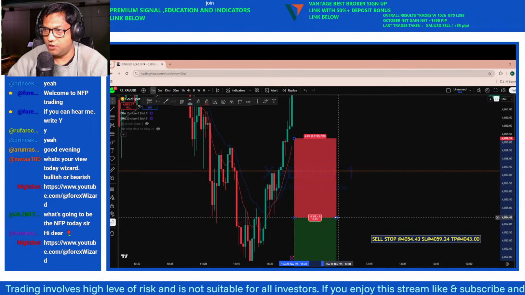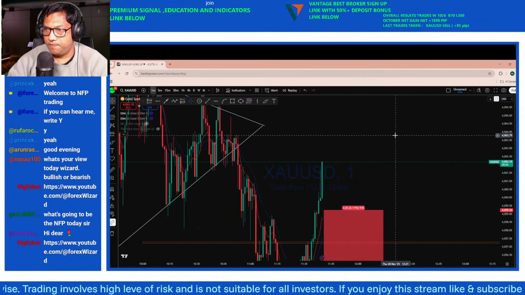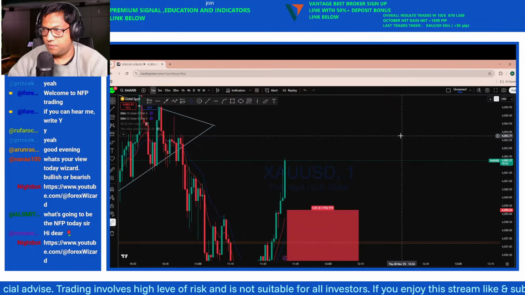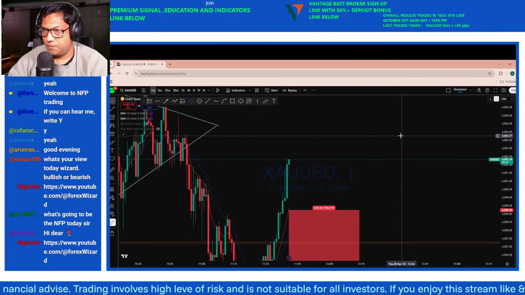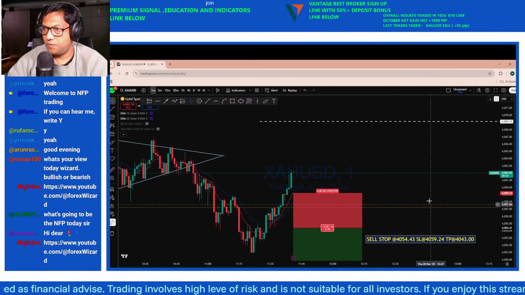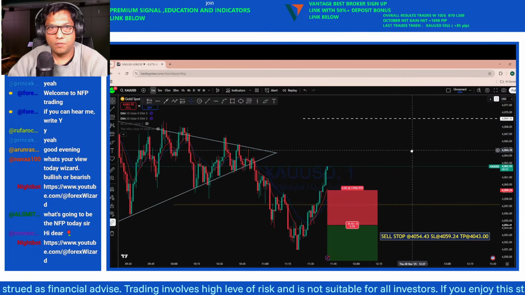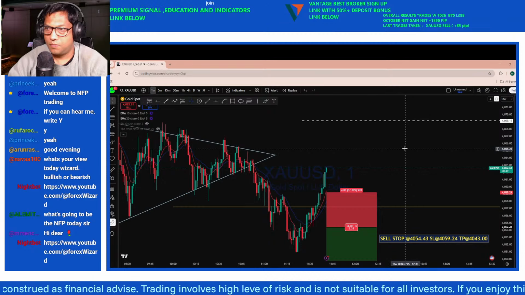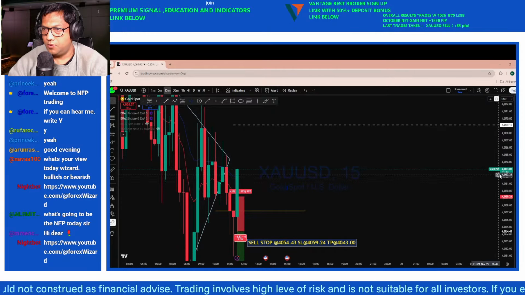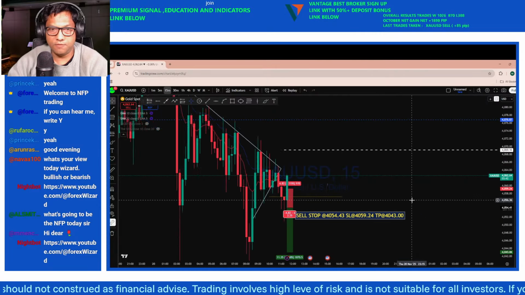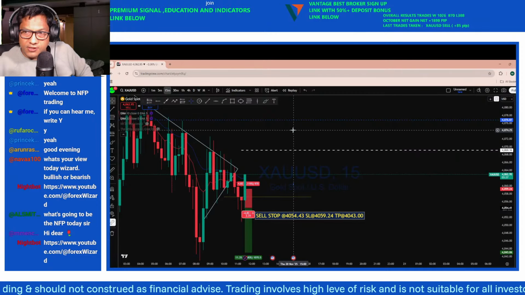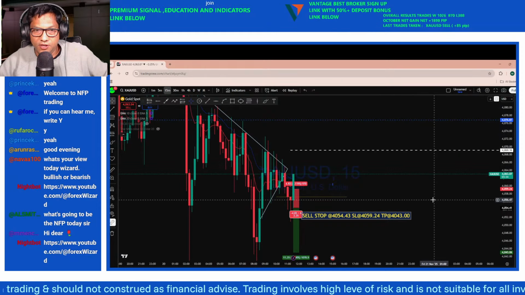This is a sudden breakout. So before the data, with this pin bar, it has entirely broken above this level here.